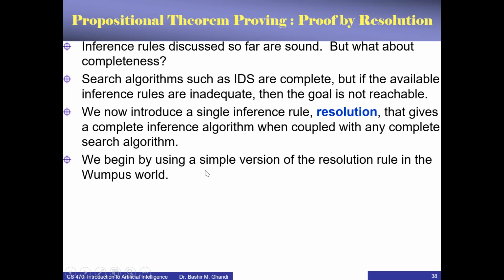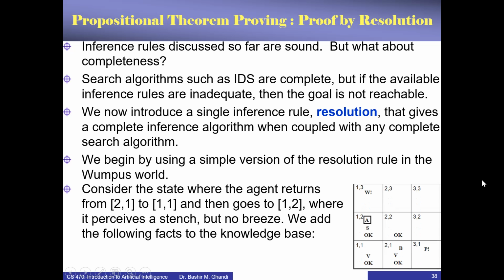We begin by using a simple version of the resolution rule, again as you will expect, applied to our Wumpus world. So consider the state where the agent returns from 2-1.